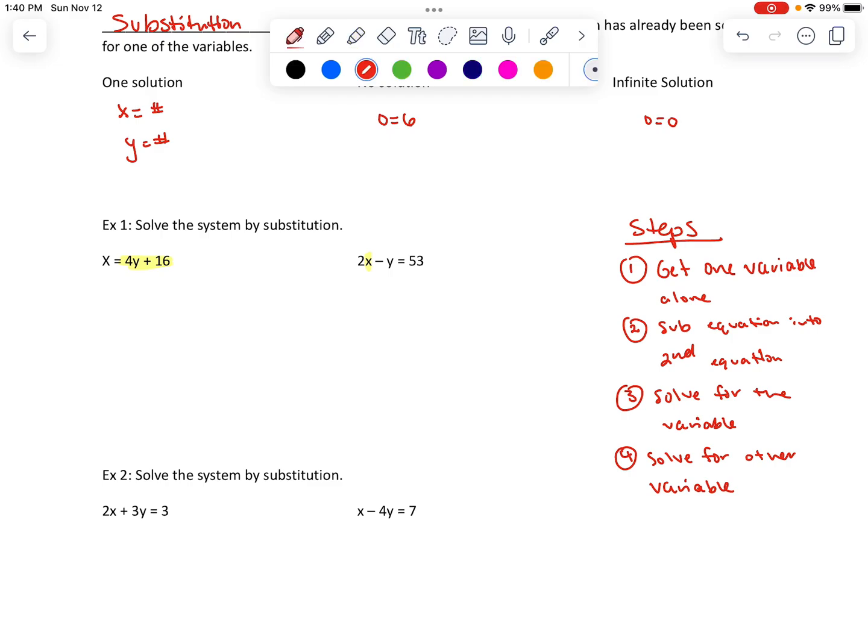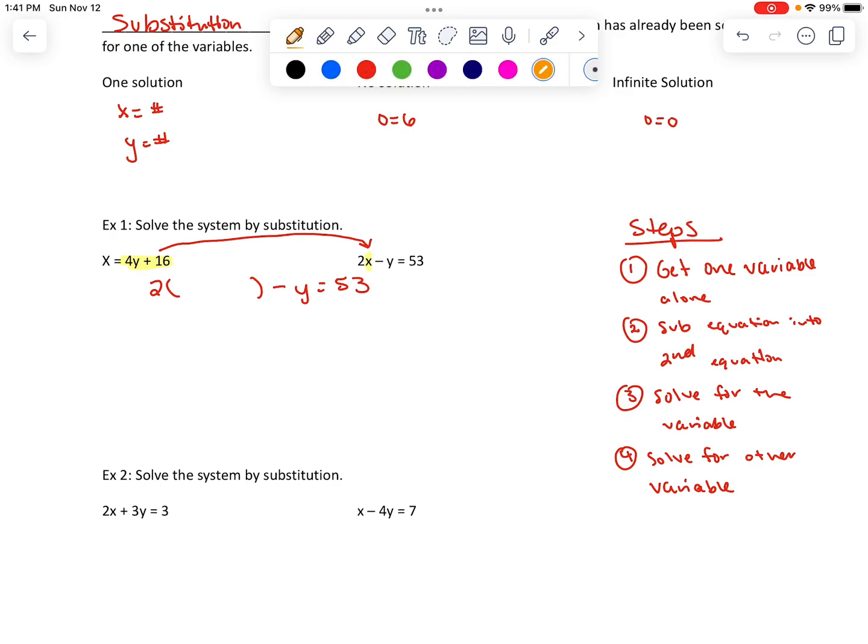Again, it might be useful to use highlighters. When I replace it, I now have 2 parentheses minus y equals 53. Similar to when we were evaluating equations, if we had x equals a number, we would take that number and sub it into the equation and solve. It's the same concept, we just have a little bit more to it.